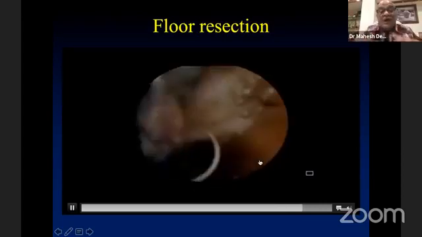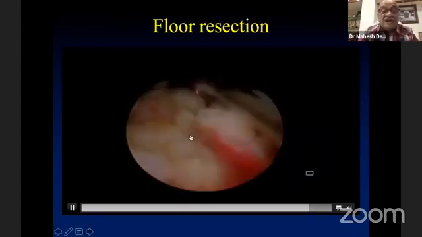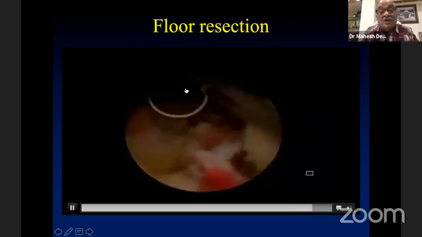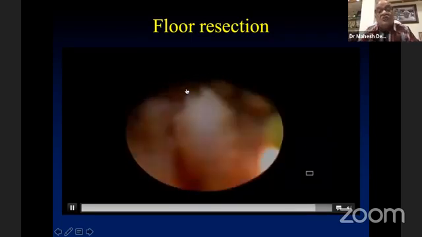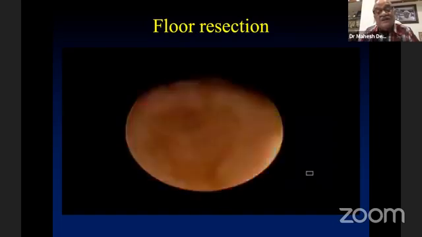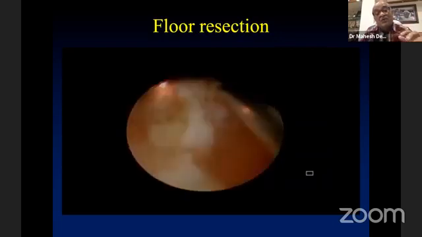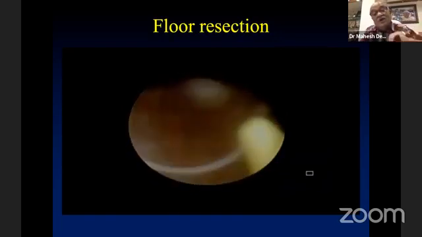Initially, it was quite well packed. Now, the tissue which I resected has come out, and the remaining tissue is pushed out. Then you can cut it. So don't cut at the same place. Go on changing a little bit, 1 millimeter, 2 millimeter away, and then go on like a wiper, and then go to the other place.